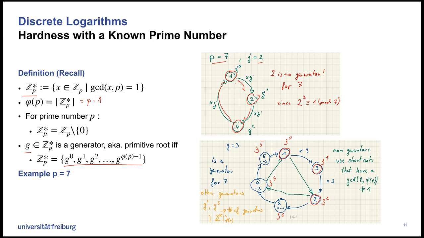And we can also find the powers of 2 here, which are also here. Because here we have a cycle of size 3, and now we have a cycle of size 6. In this cycle of size 6, we will find a cycle of size 3, where we jump over 2 possibilities, because we start with 3 to the 2, then we have 3 to the 4, and then we have 3 to the 0.